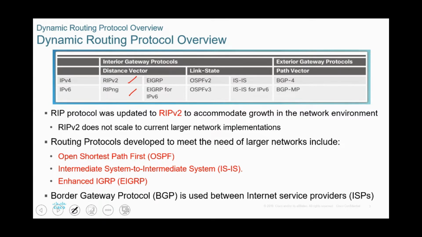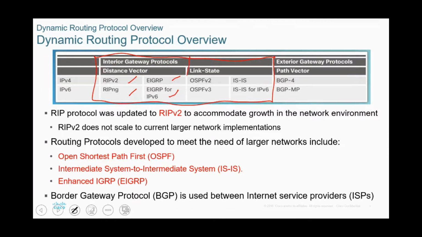So interior gateway protocols consist of distance vector and also the link state routing protocols. Our focus for this syllabus will be here, interior gateway protocols, which consist of the distance vector routing protocols for RIP version 2 and EIGRP, and for IPv6 it will be RIPng, next generation, and also EIGRP for IPv6.